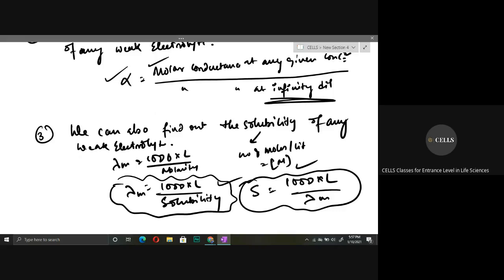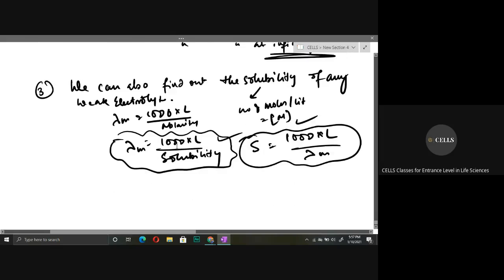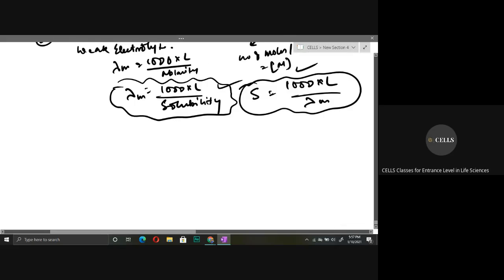And the last section of today is how to calculate the equivalent conductance.